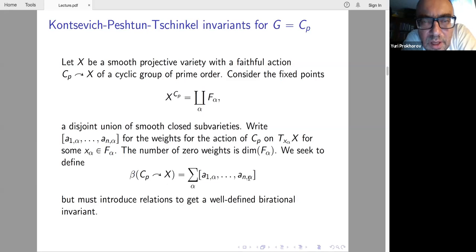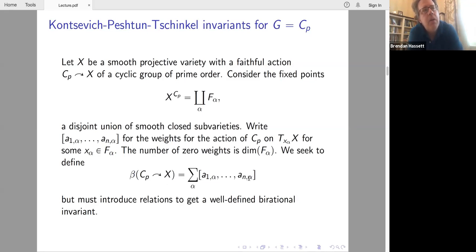I see. And another question, how about stable rationality, stably birational equivalence? Is it possible to apply this to study that?